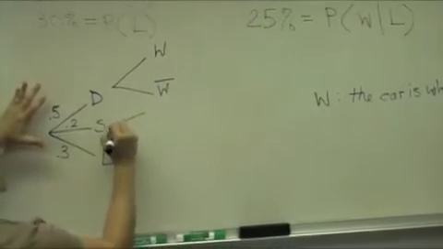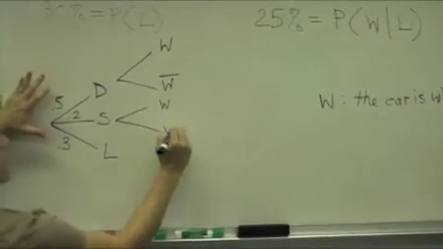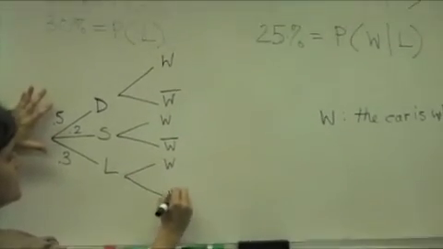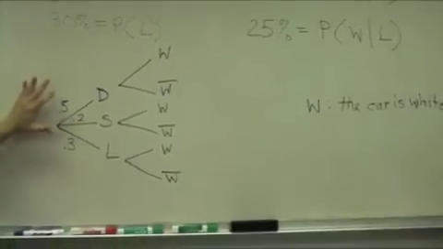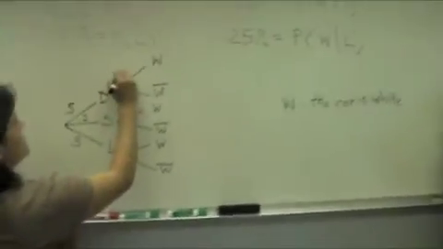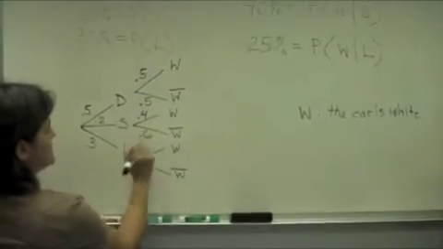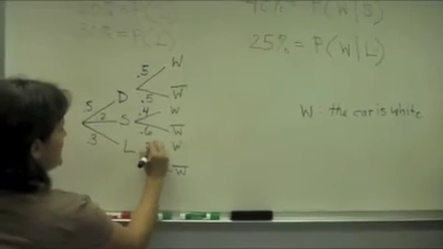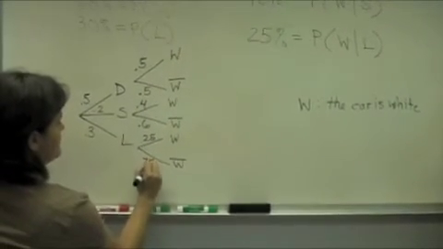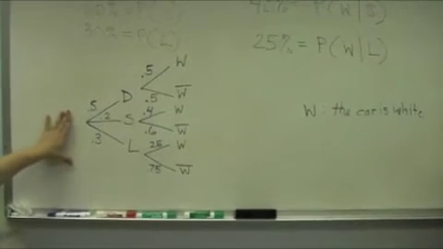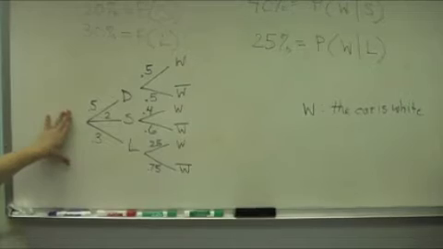The car made in Seattle is either going to be white or not. And the car made in LA is also white or not white. The corresponding percentages are 0.5, 0.5, 0.4, 0.6, and 0.25, 0.75. And from here we have our tree diagram, which we can now use to solve our probability problems.